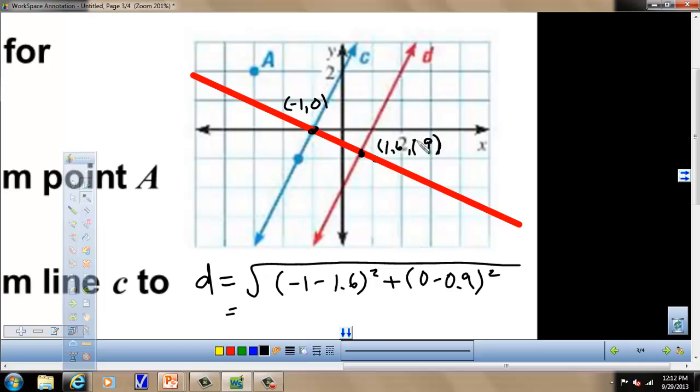That should be 0.9 and negative, so that makes that plus. And if we do that, we get -2.6 squared plus 0.9 squared.